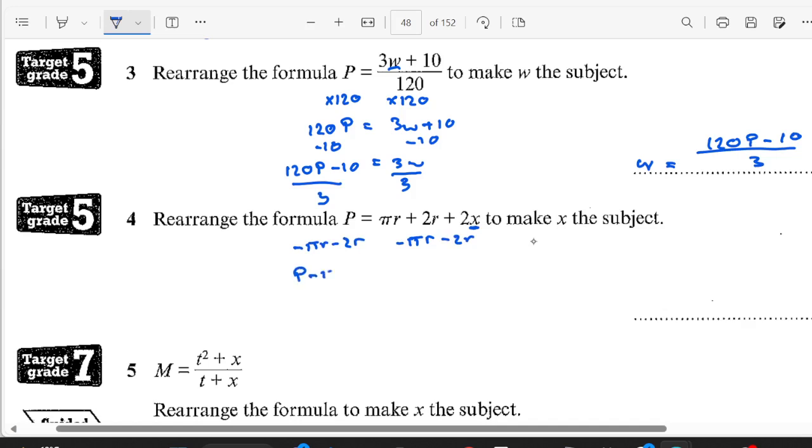So p minus pi r minus 2r is going to be equal to 2x. And then we're going to divide everything by 2, and I'm going to rearrange it with x first. So x is going to be equal to capital P minus pi r minus 2r, all divided by 2.